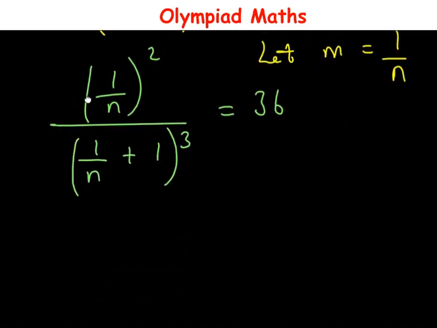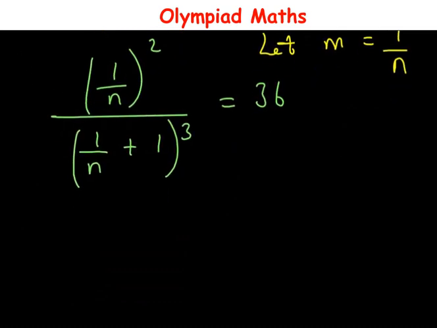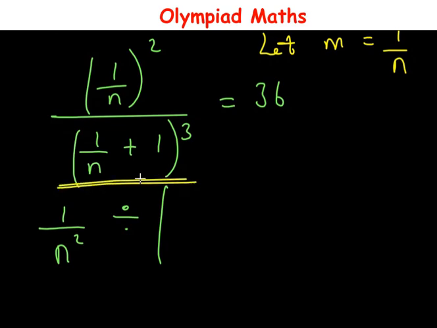Okay, good. The next thing we're going to do is open this bracket. (1/n)^2 is simply 1 over n^2, divided by, now let us simplify this denominator, 1 over n plus 1.